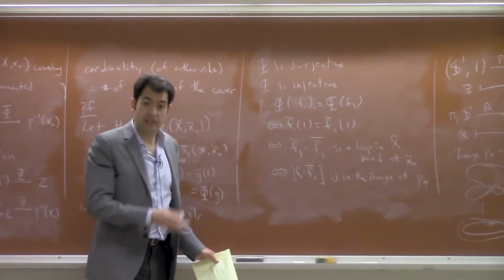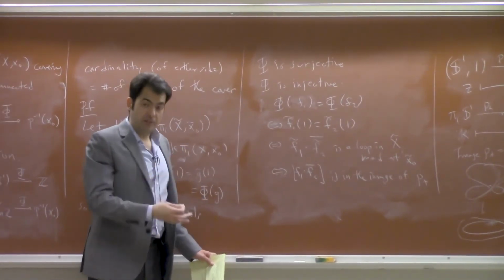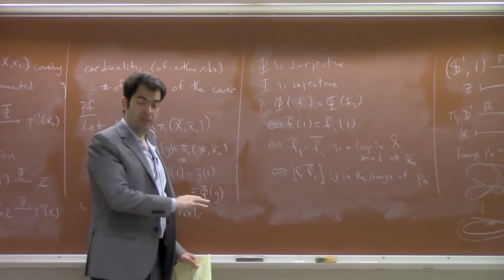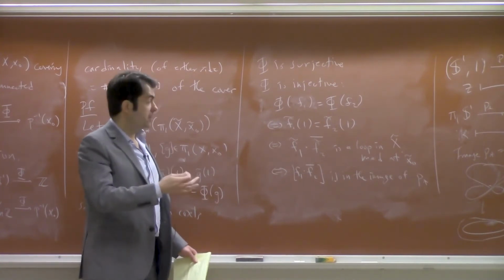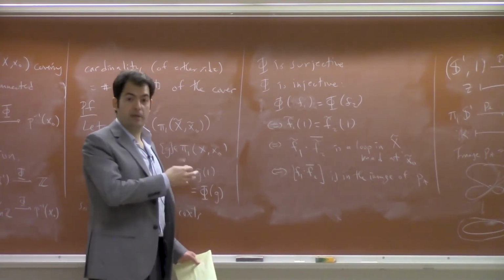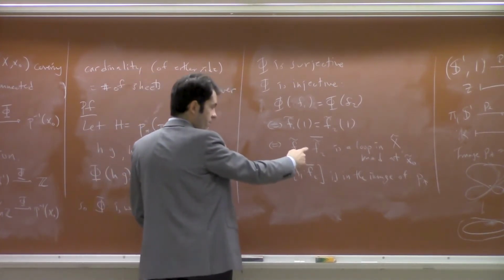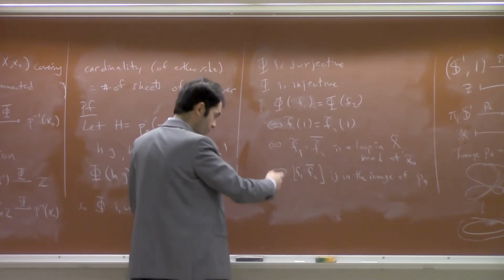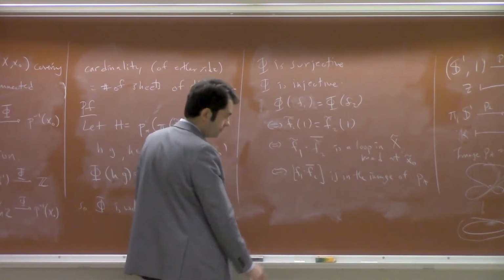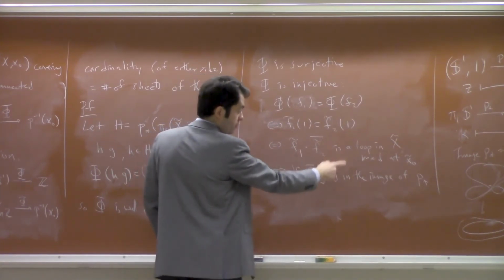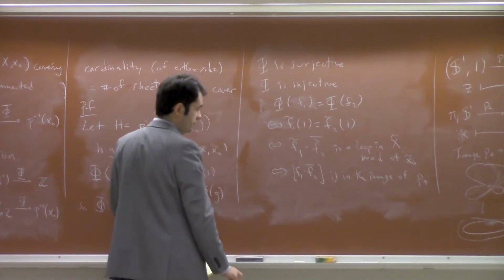Because we've shown that the image of P star consists exactly of those loops downstairs that when you lift them up become loops based at x naught tilde. And of course, the lift of this concatenation is the concatenation of the lifts by uniqueness. And that is a loop. So this is in the image of P star, which is H.